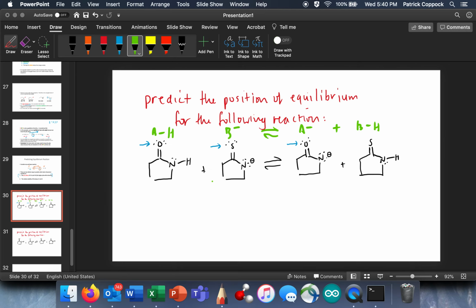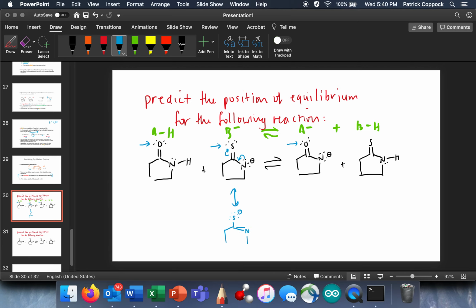Now, having said that, let's look at this. Let's go back to blue. So we're going to use the pKa's. Well, I don't know the pKa's of this compound right here. Can't look it up. But I can see that if I make a resonance structure, watch this, I'm going to have resonance with something that looks like that.